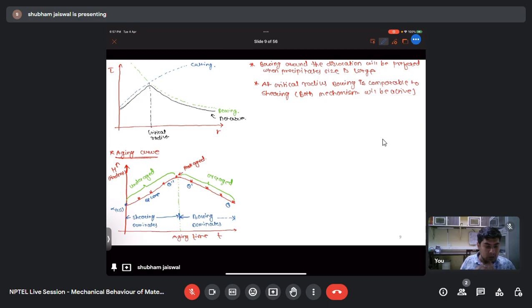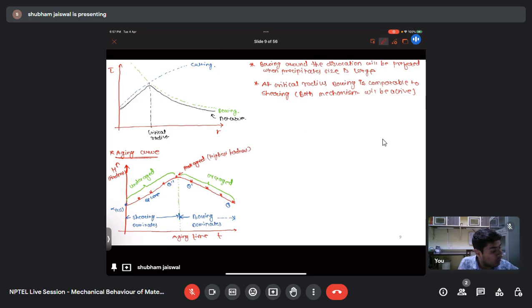Okay. So what we can write, the highest hardness corresponds to the peak age condition. Okay, so this is about the aging curve.